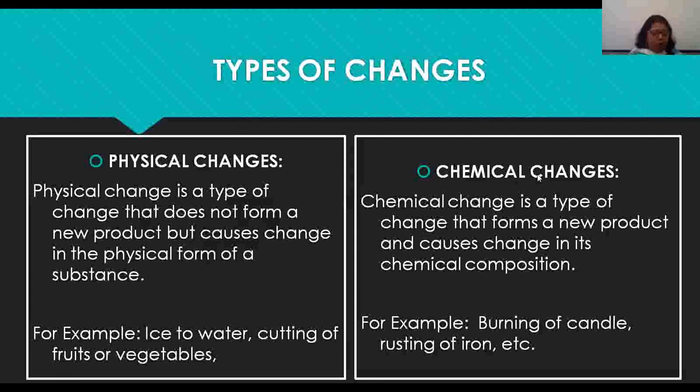They may involve size, shape, color, density, odor, right? A physical property is a property of a substance that can be observed as a feature of it. And any change, depending on its properties, we can classify as a physical or chemical change.